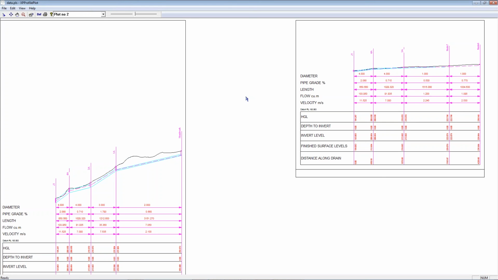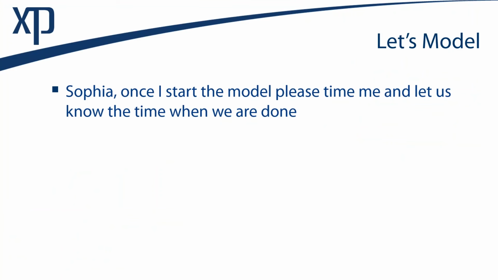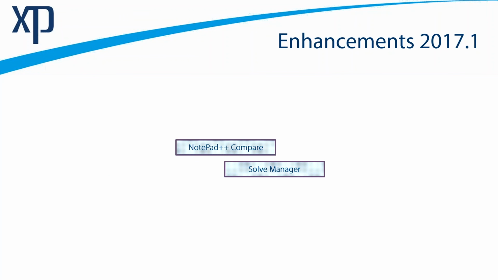So that takes me to the end of my live demo of new features, but I do want to discuss some of these things in more detail, so let me switch back to my PowerPoint presentation. So as far as enhancements are concerned, some of the things that I used in my challenge, I used the Solve Manager, which was able to save some time by allowing multiple runs to be done in parallel, utilizing other cores in my processor.